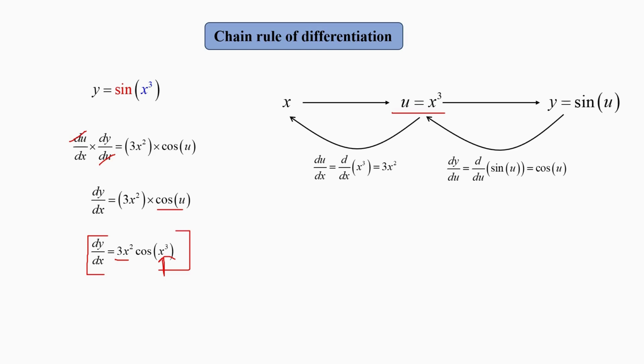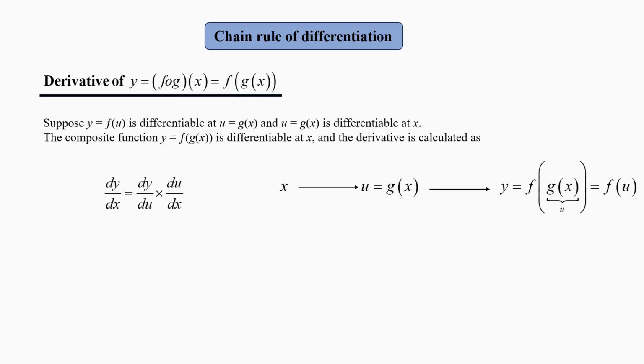Now here is our formal statement of chain rule. As we discussed, chain rule is used for differentiating a composite function. So whenever you want to use chain rule, first check whether the function is a composite function or not, because simple functions we can differentiate easily, right? If we have a composite function, your first aim should be to identify the layers of the composite function, meaning through which functions our independent variable x passes.